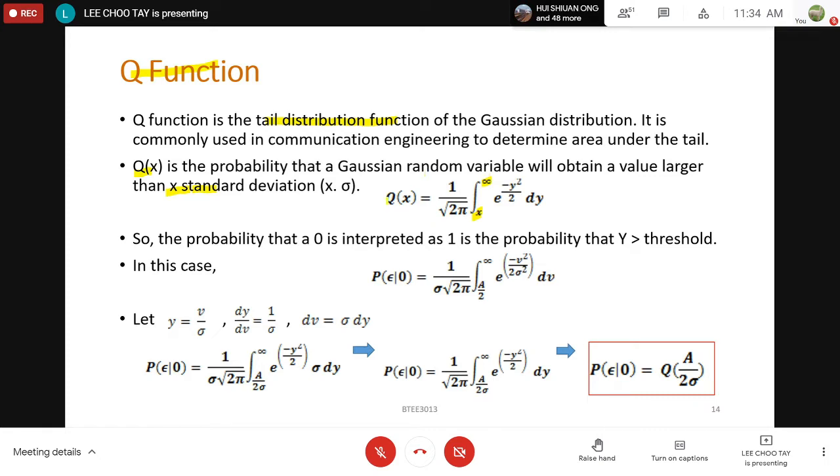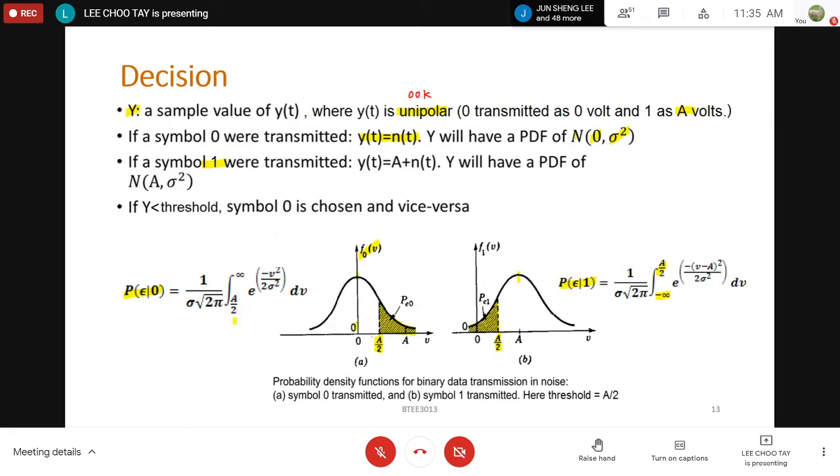So the probability that a 0 is going to be interpreted as 1 and give us an error is the probability that y has to be greater than our threshold value. In this case, we get the probability of error of a 0 being sent given by this equation, which I just copied over here.